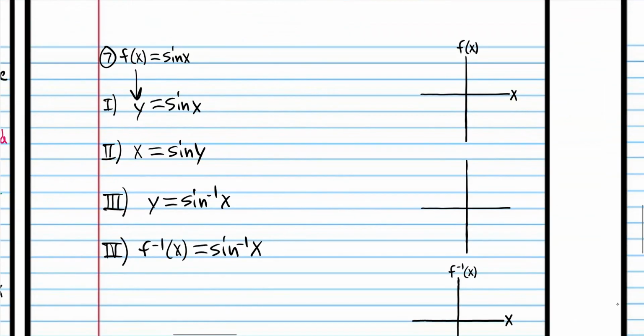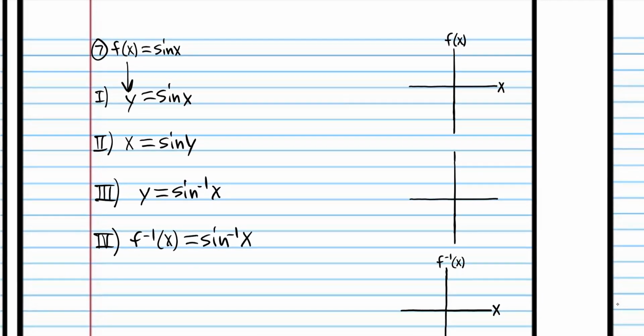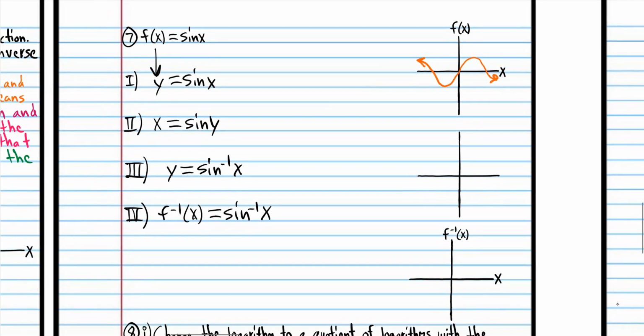Now the problem again is that we might have some issues with this function qualifying as a function. So let's draw the original graph. So the sine graph is going to look something like this. And then we're going to reflect across the y-axis.